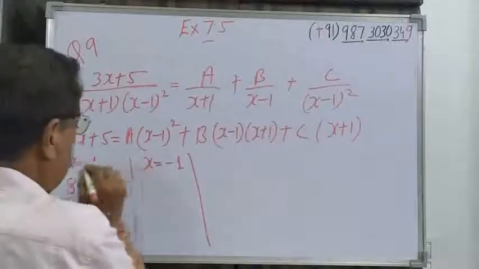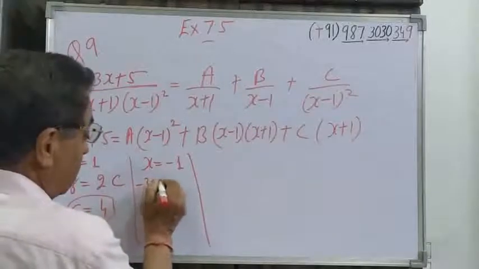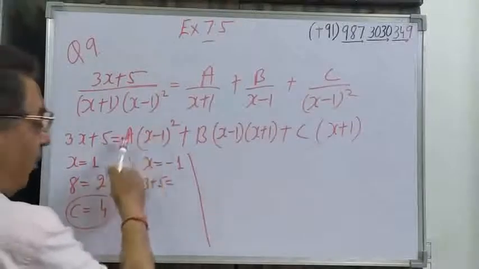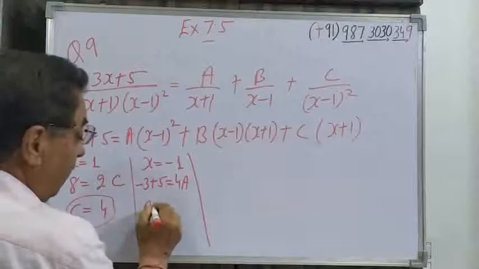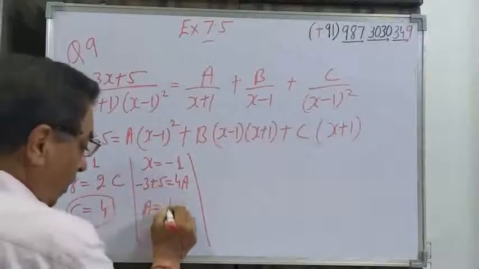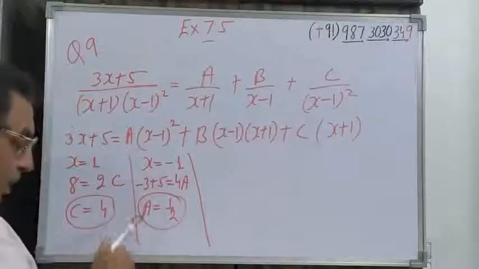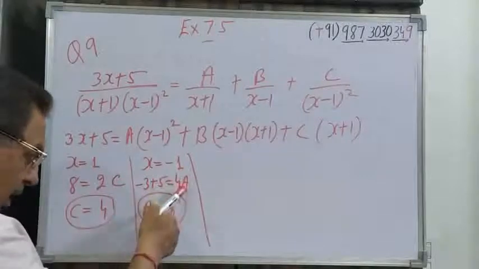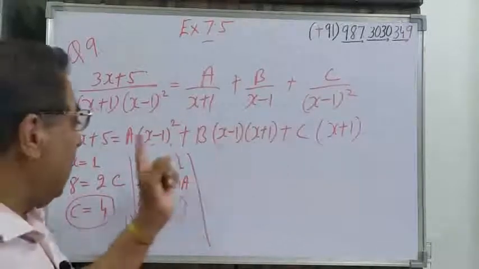So on this side, minus 3 plus 5 is equal to 4A, that is 2 equals 4A, so A comes to be 1 by 2. I got the values of C and A.